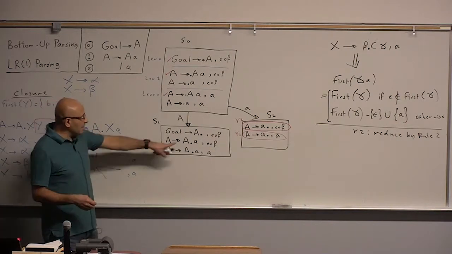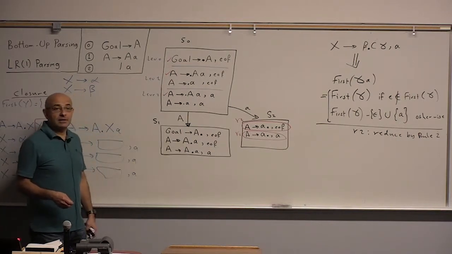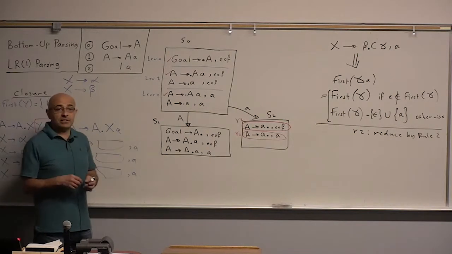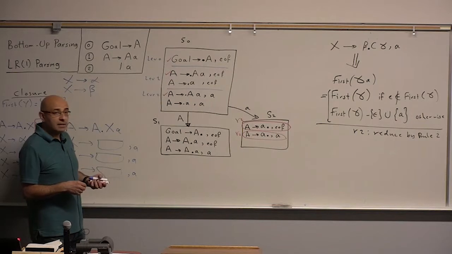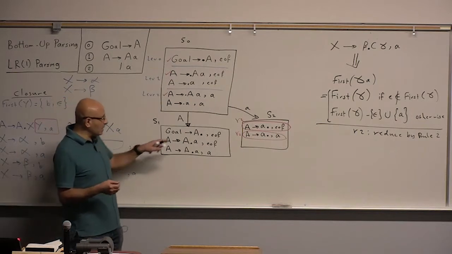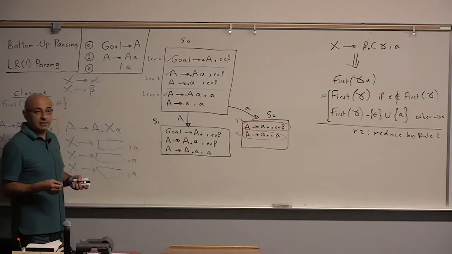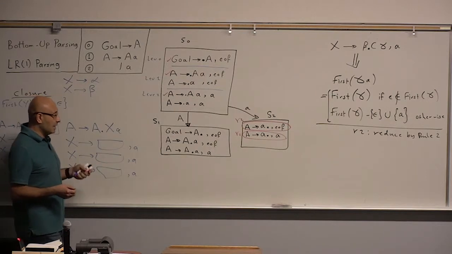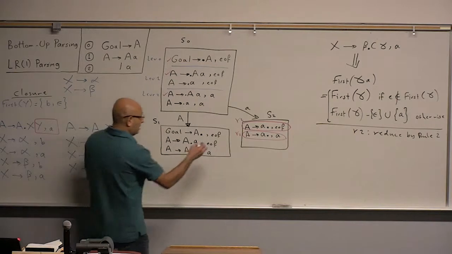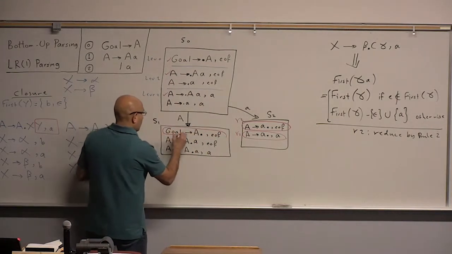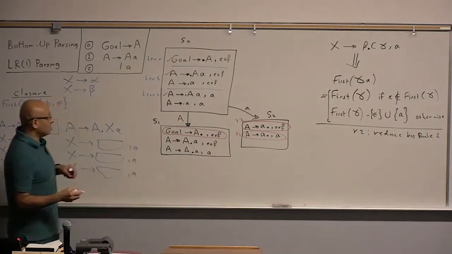Now, do we have a possibility of a reduction here? Yeah. So reduction means the placeholder appears at the end of a production, and it appears at the end of this production. So this means that we are ready to make a reduction. And this is by rule 0.